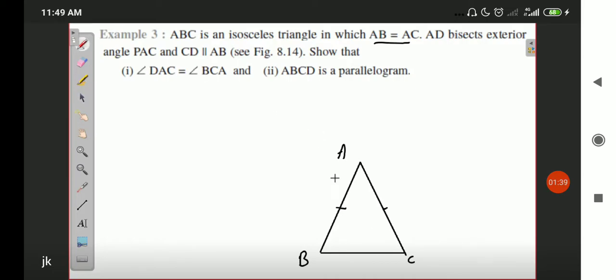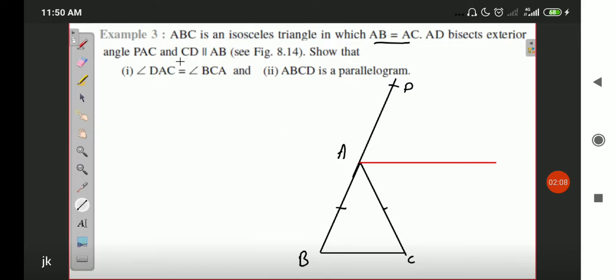This line BA is extended like that, and there is a point P over here. So it is saying AD bisects exterior angle PAC. So this is exterior angle PAC, and a line AD is bisecting it.